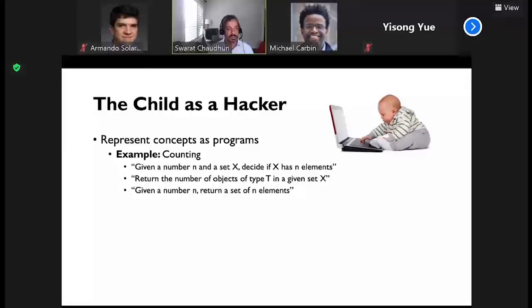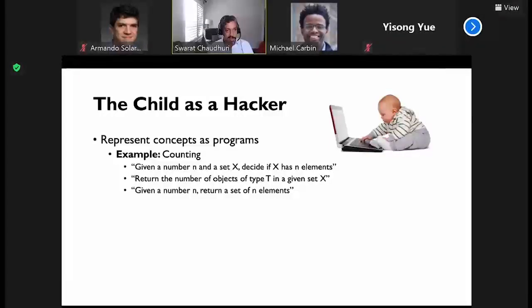So let's think about something as basic as counting. You can think of the concept of counting as a program, as a computation in a number of different ways. So one way to think of it is that given a number n and a set x, decide if x has n elements. But there could be other programmatic ways of representing this too.